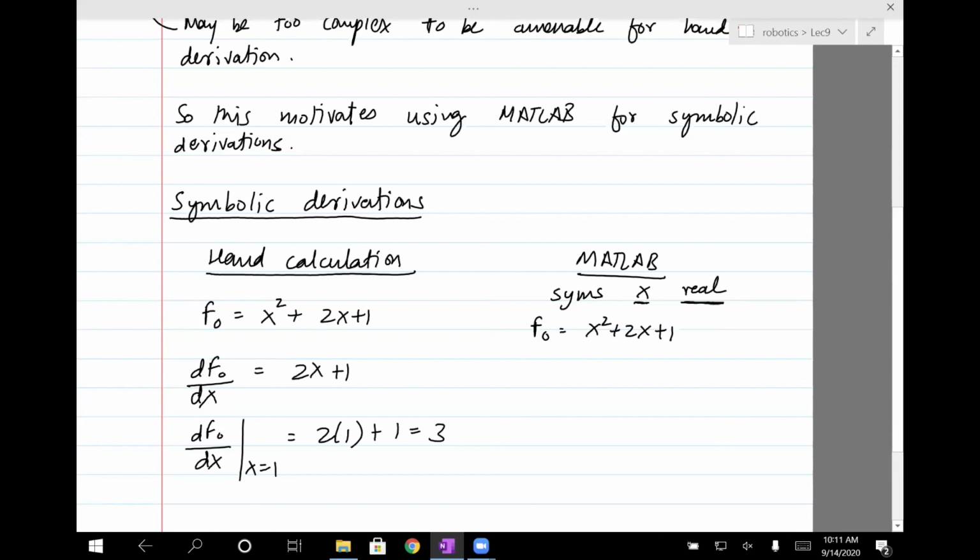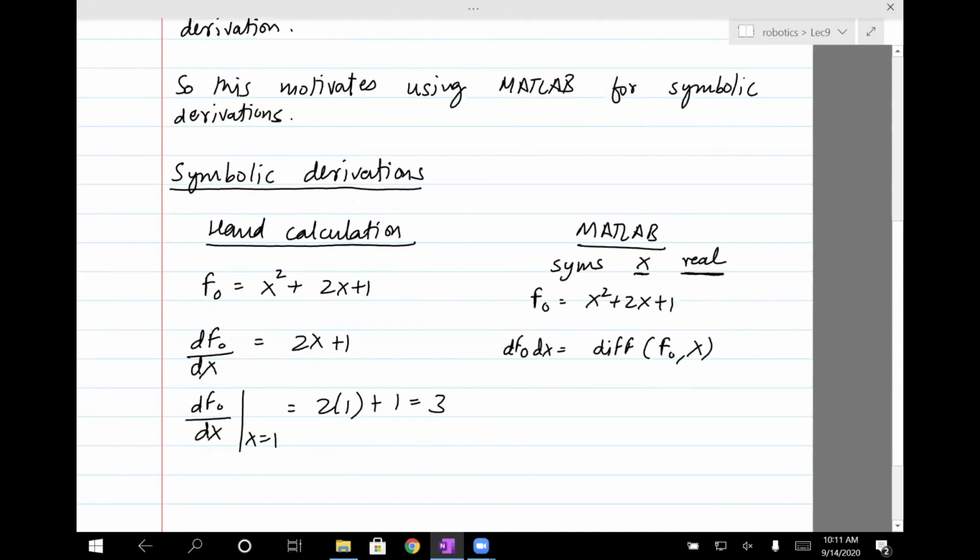Then if you want to differentiate an expression, there's a command called diff. So in that case, I'll call it df dx equals diff f comma x. So this is taking the derivative of f0 with respect to x. And then if you want to find the value of df/dx at a particular value of x, there's a command called subs.